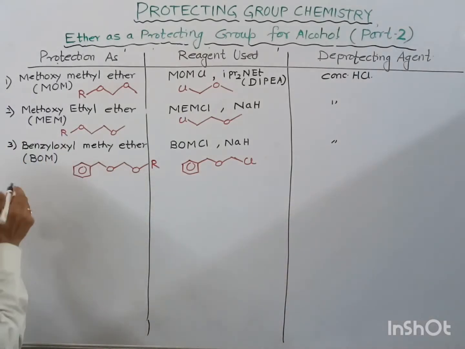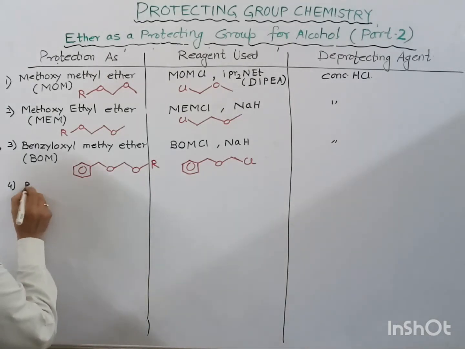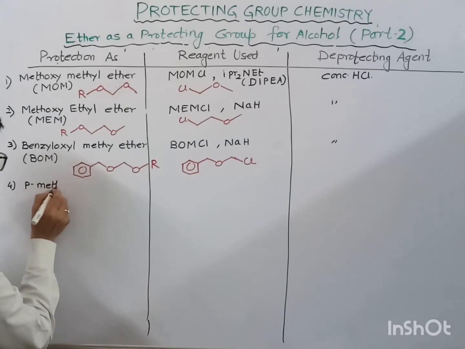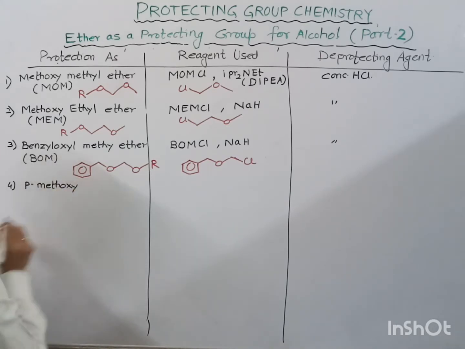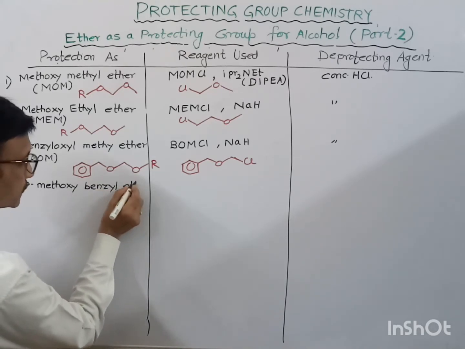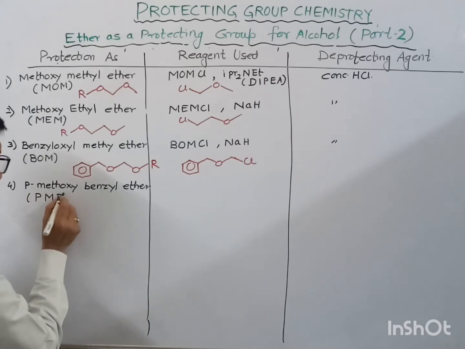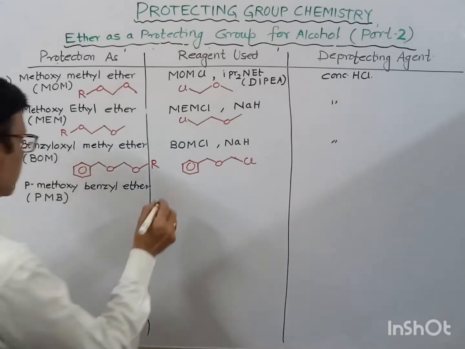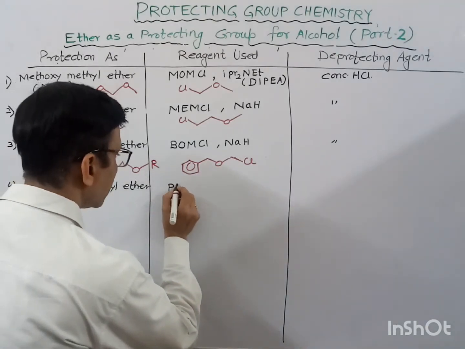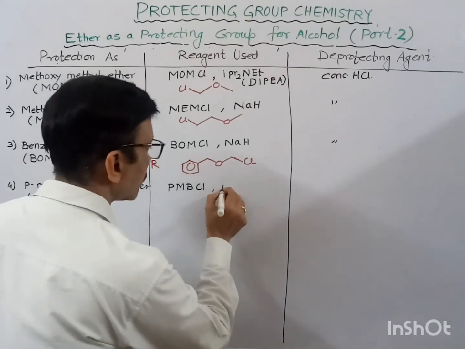Now, next one is para-methoxy benzyl ether. In short form we may write PMB. Para-methoxy benzyl chloride can be used as a reagent in presence of base.